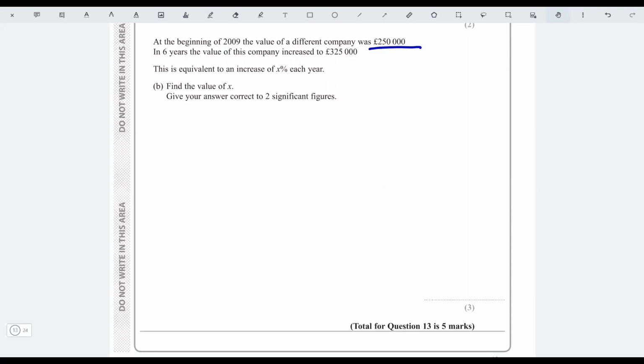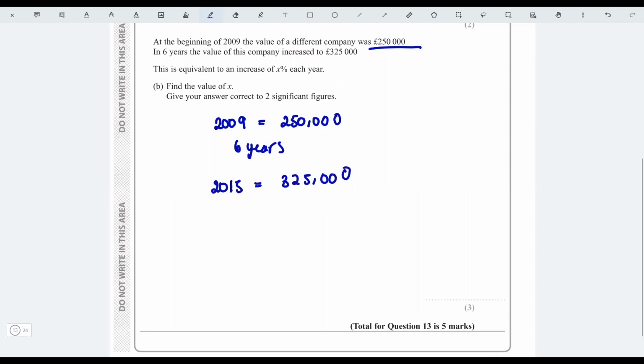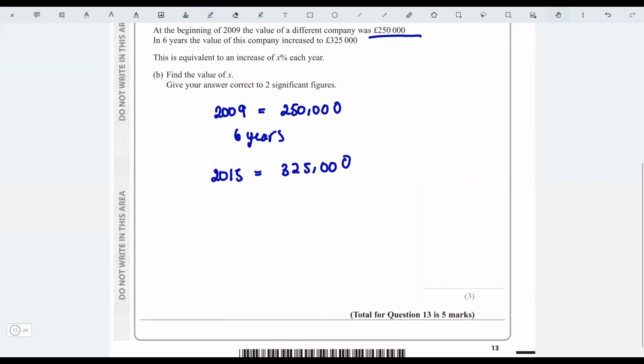So we've got 2009, which is £250,000. In 6 years, so 2009 and 6 years is 2015, the value increased to £325,000. So we need to work out the percentage.